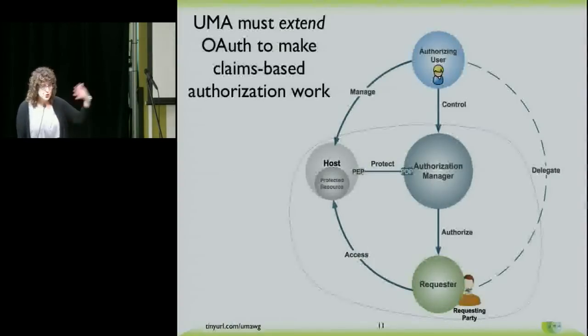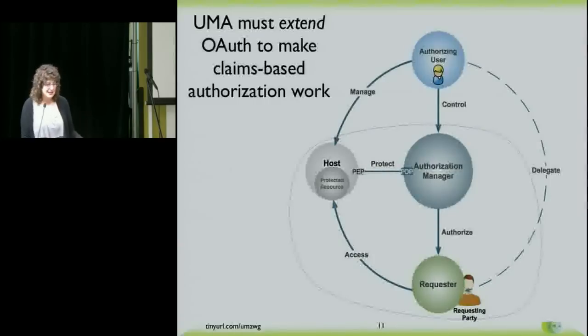Now, when it comes to the actual act of requesting access, UMA couldn't use OAuth as written to solve the problem. We have this API, we have developer documentation, we design scopes that go with the API endpoints, but you have to look it up, it's not machine readable. We had to make that all machine readable, and we had to prepare for it, not just something like one or a few endpoints. What if you had 1,000 photos and photo albums that you want to protect? OAuth kind of doesn't scale for that.